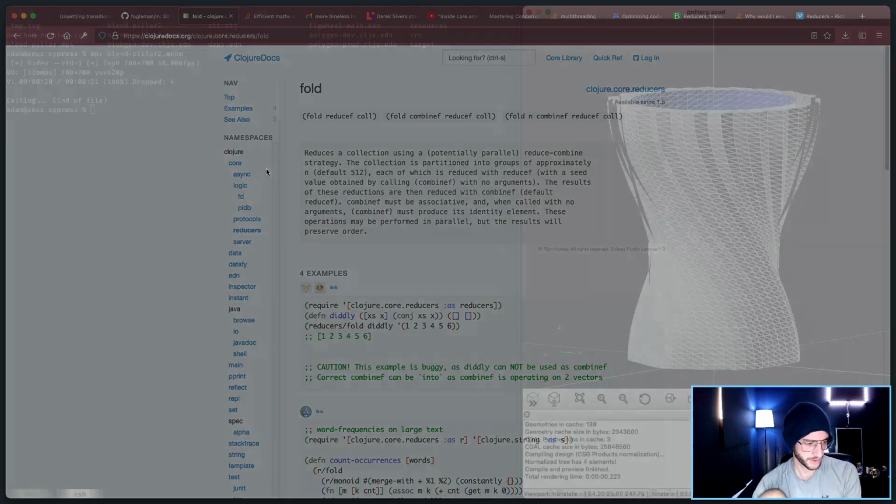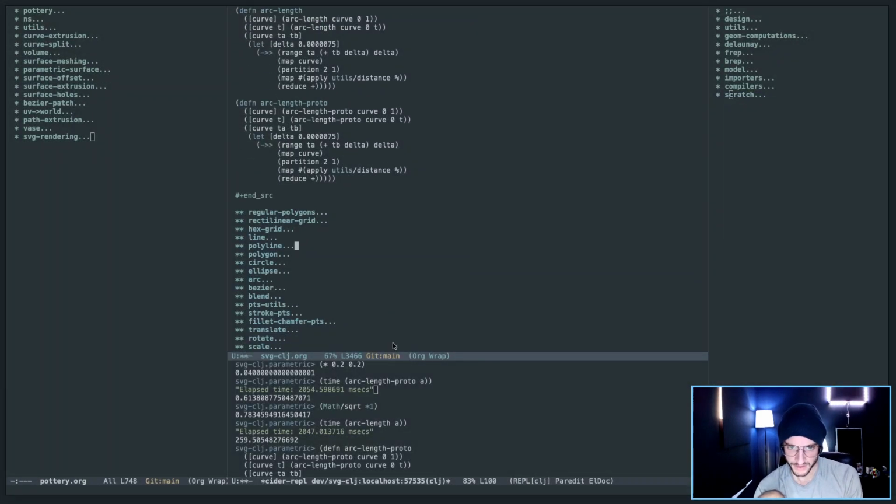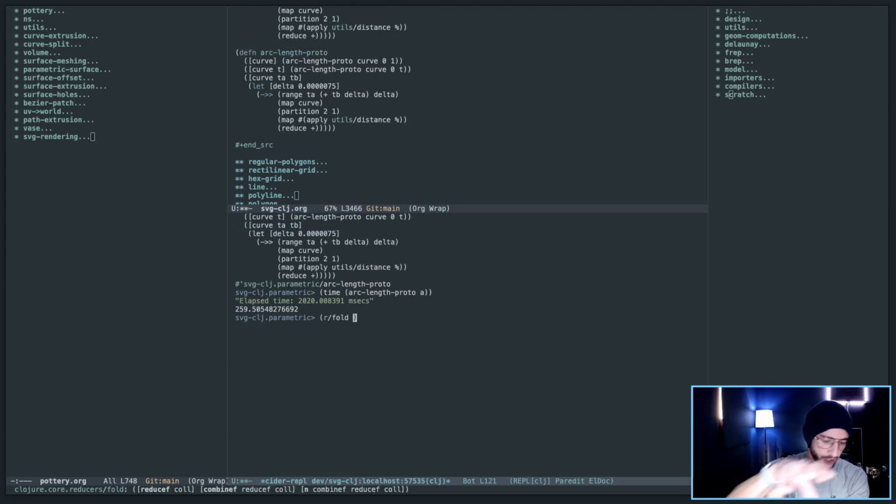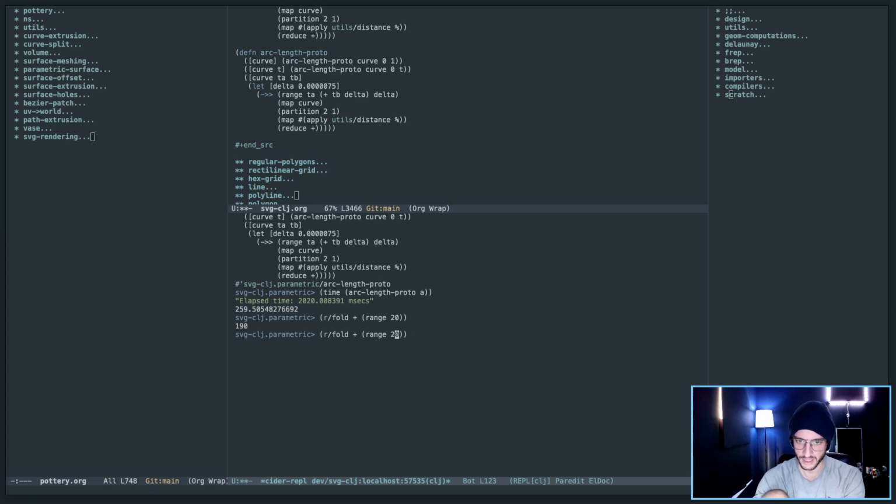First of all, let's see if I even get the right idea here. So the reduce function, let's assume it's plus, and let's just do range 20. Yeah, okay, we're on the right track here.